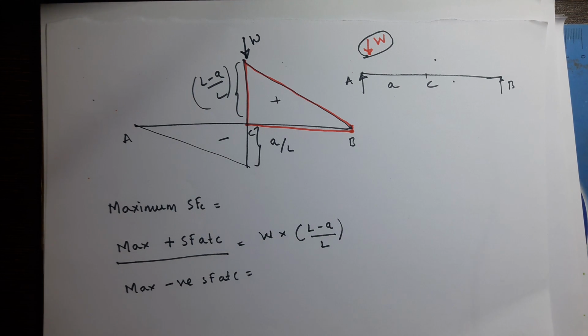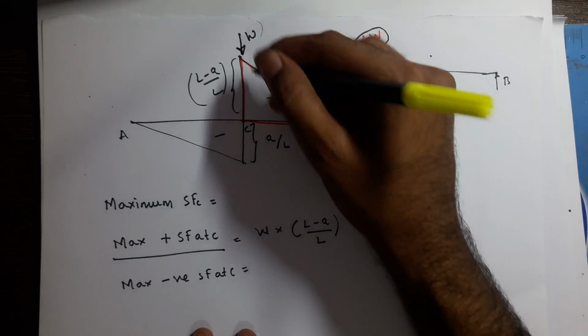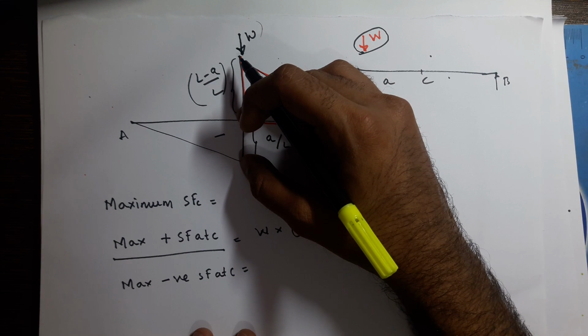And how can you calculate negative shear force at C? Maximum negative shear force at C? You have to place the load at the same point, because at the same point you are having maximum negative ordinate.